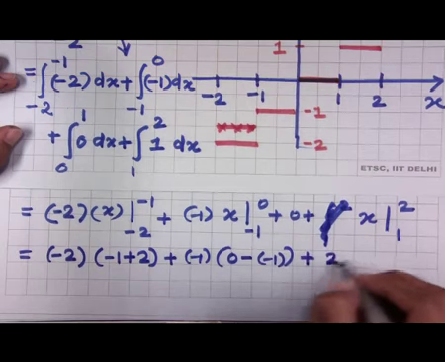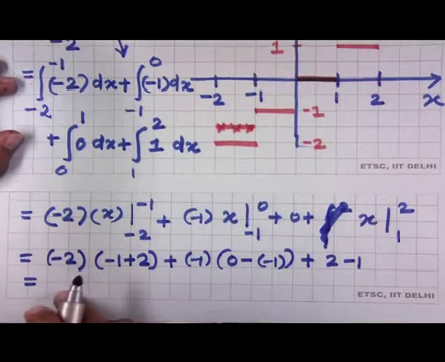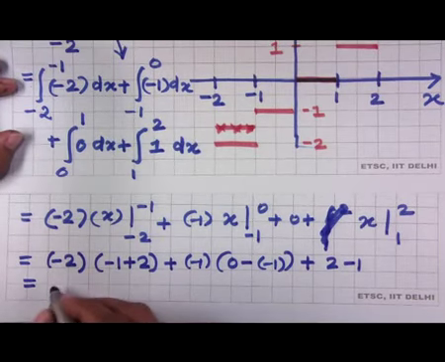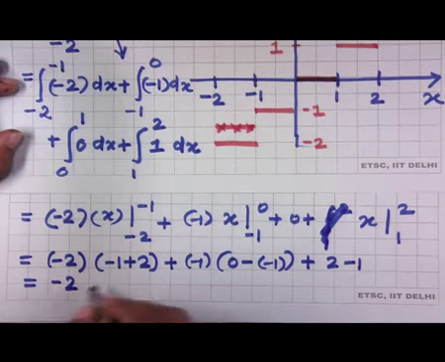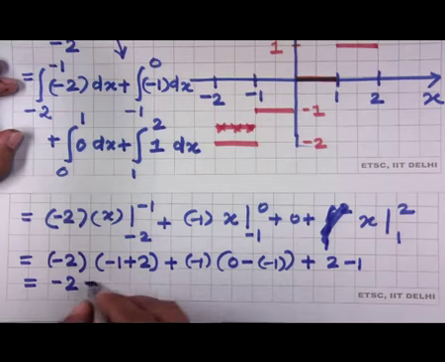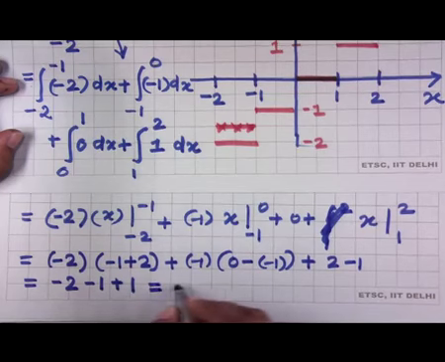We are applying the formula of definite integral, the fundamental theorem of calculus 2. So we get minus 2, here we get minus 1 and then 1. So the value is minus 2.